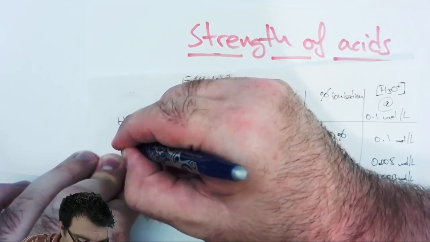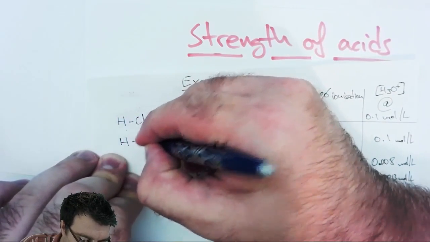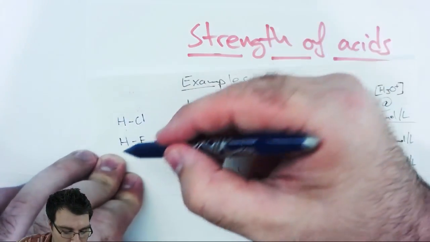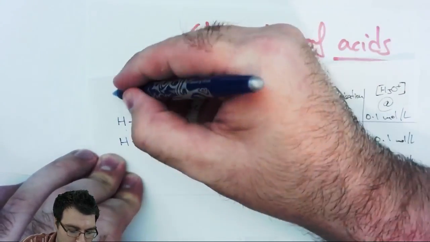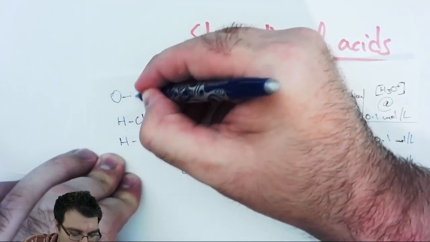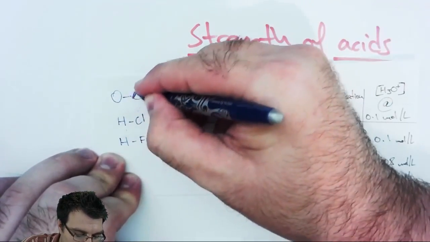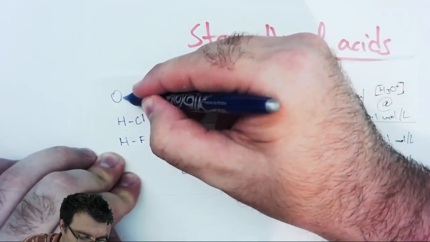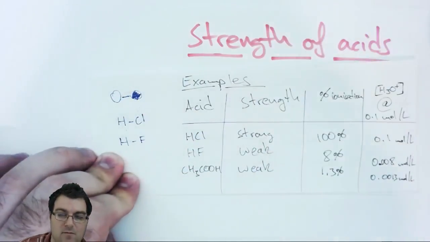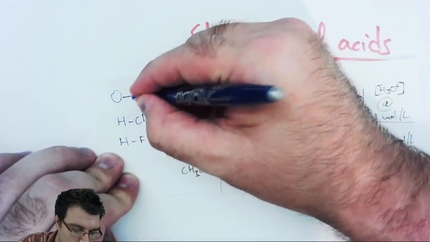And we also have hydrofluoric acid, very similar, with a hydrogen covalently bonded to a fluorine atom. You can think of this as being a little bit like a dumbbell, where we have 2 atoms joined by a pair of electrons in a covalent bond between the 2.